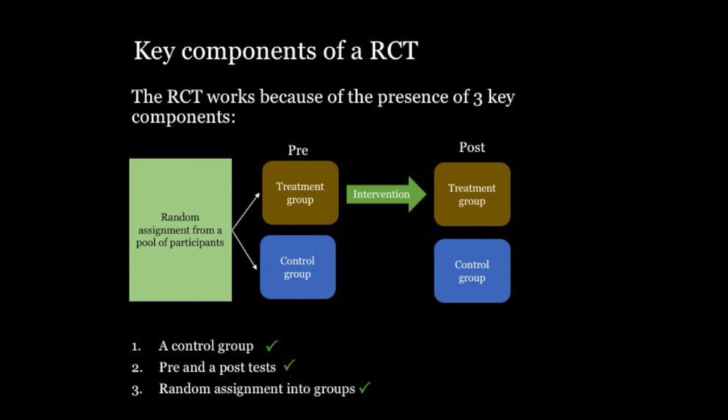And the third key component is the random assignment into groups. To see why these 3 components are key in assessing causality, let's think about what would happen if we are missing these components.